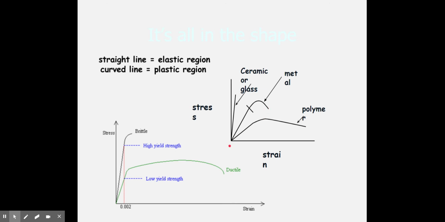And then polymers or plastics, and this is a generalized category, depending on if it's more elastic than plastic, it will give easier, but then it'll keep going and deform until finally it breaks way over here.